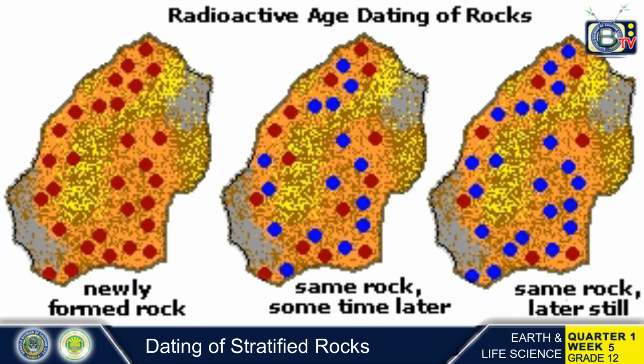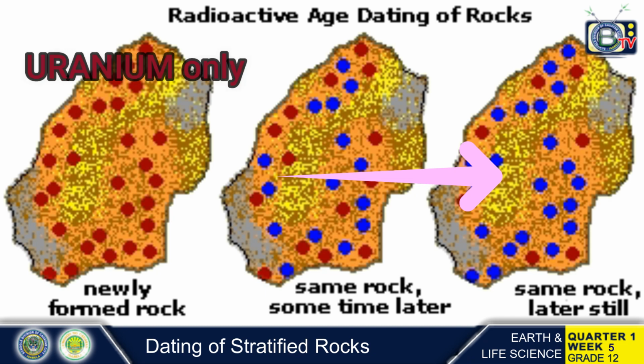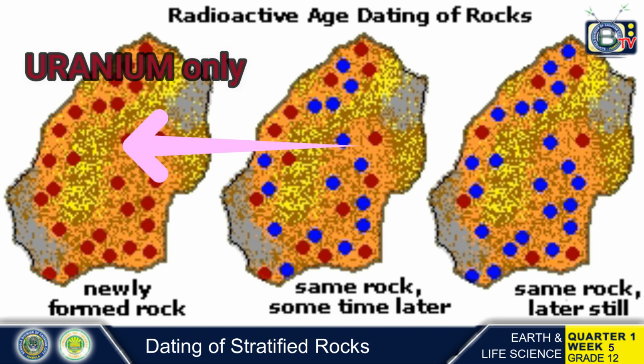If you take a look at this illustration, we have a rock that is newly formed, the same rock sometime later after it has undergone changes, and the same rock at a later time. As you can see, the red dot represents uranium. In a newly formed rock, uranium is the only radioactive element present.